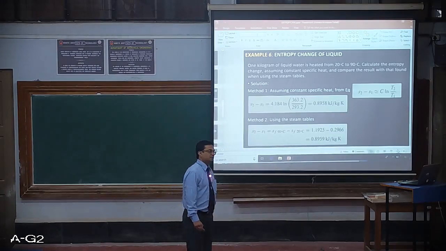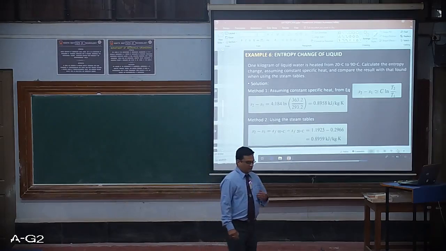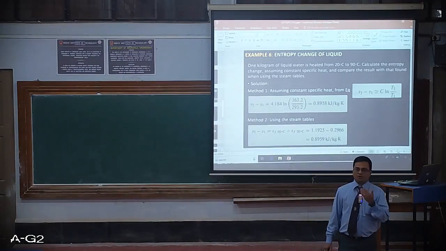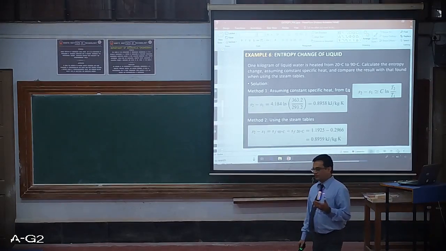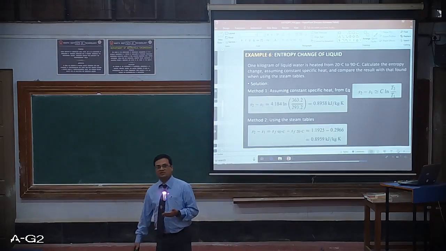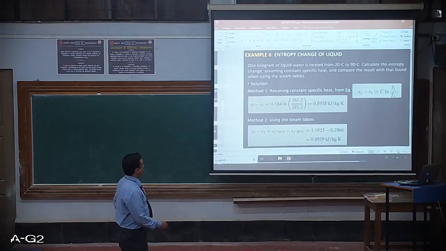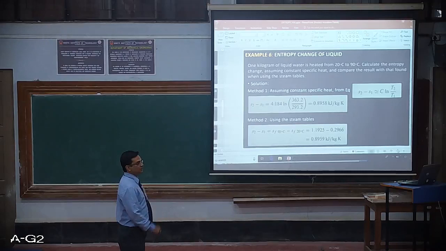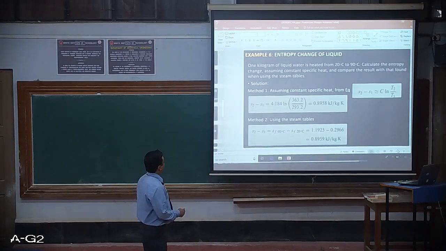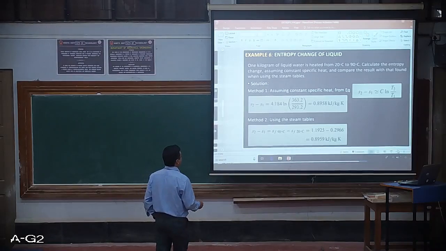Now this is very important, because in the property tables for all the gases we have different specific heats. As the temperature changes, we have different specific heats. So this needs to be either given or assumed whether you are calculating the entropy change for a constant specific heat or for a variable specific heat.